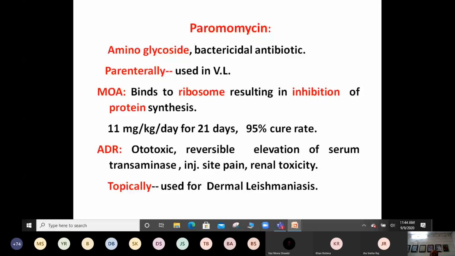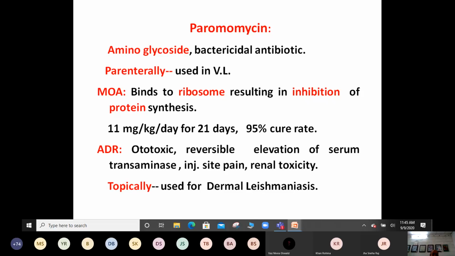What is the dose? 11 milligram per kg per day for 21 days, a 3-week program. Cure rate 95%. All aminoglycosides are toxic. They are nephrotoxic. They are ototoxic.